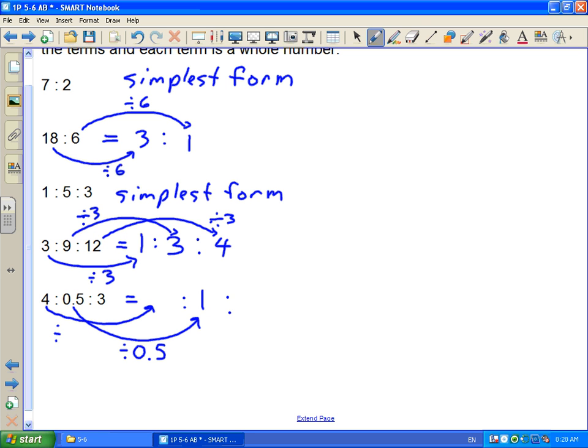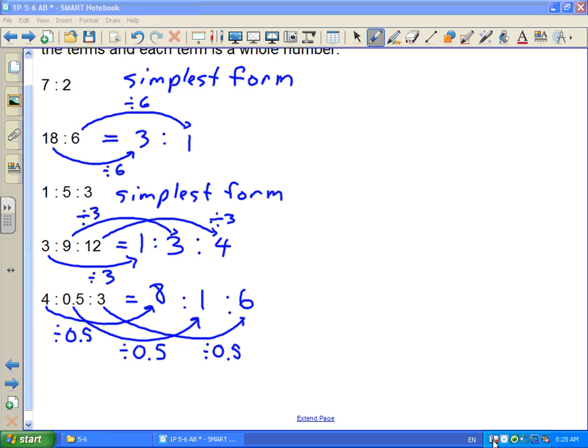Divide 4 by 0.5, and I punch that into my calculator, and I find that I get 8, and I'm going to take my 3 and divide it by 0.5, punch that into my calculator, and I get 6. So my equivalent ratio there is 8 to 1 to 6. And that's equivalent ratios.